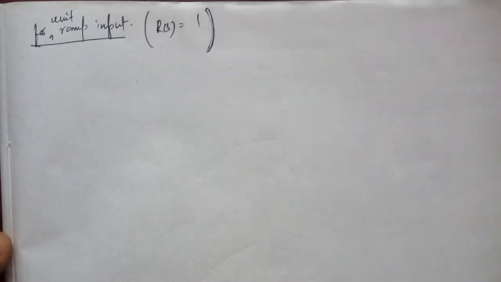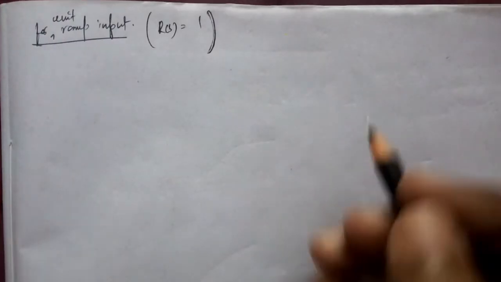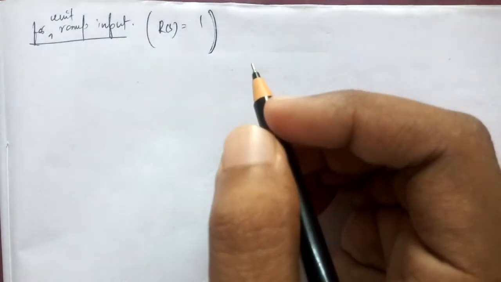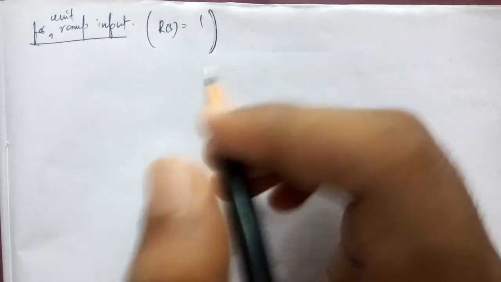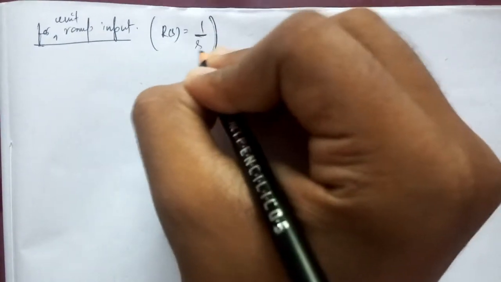Now this is the second case. Here we are taking ramp input, unit ramp. In case of unit ramp, R(s), the input, is 1 by s square, the Laplace transform of r(t).